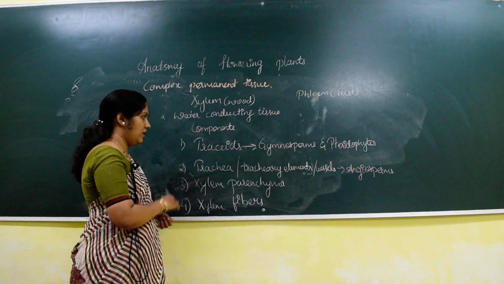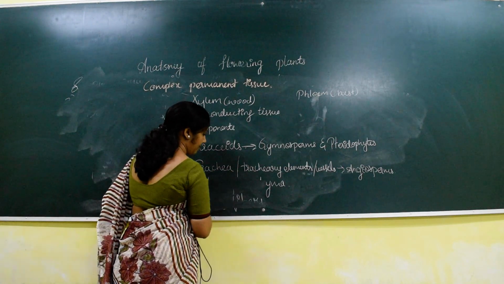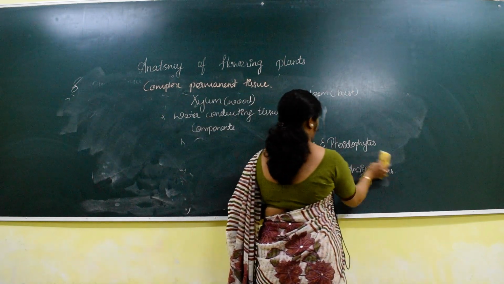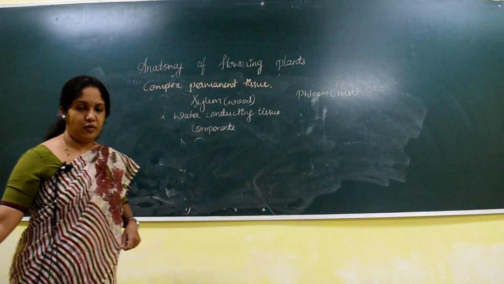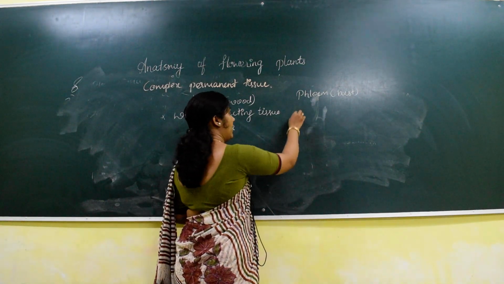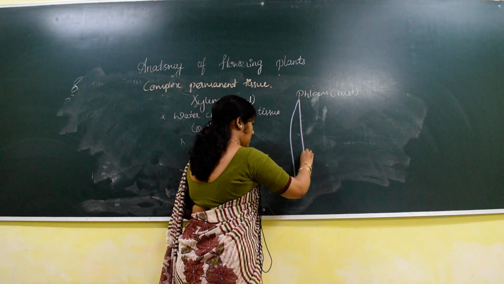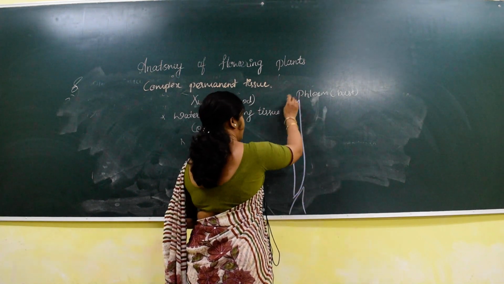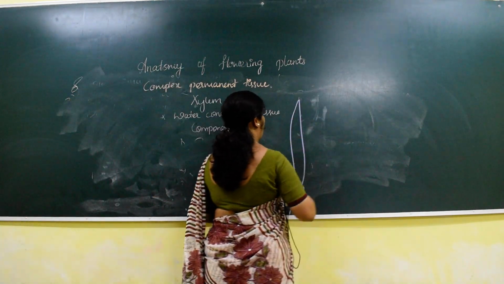Understood? Now first we will see the difference between tracheids and trachea. Now what is this tracheid, how will it be? The tracheids, as I said, are only seen in gymnosperms and pteridophytes. What is the shape of the tracheid? The shape of the tracheid is elongated cells which are overlapped on one another.